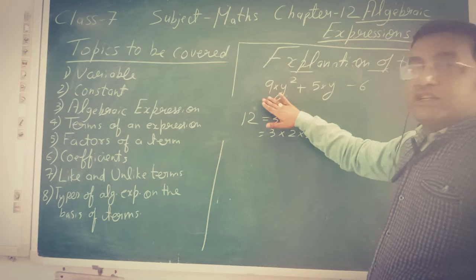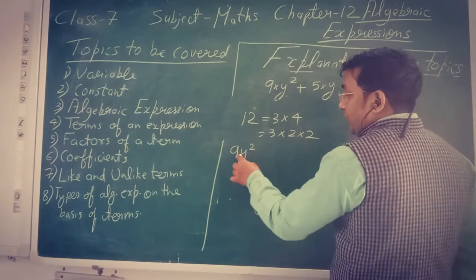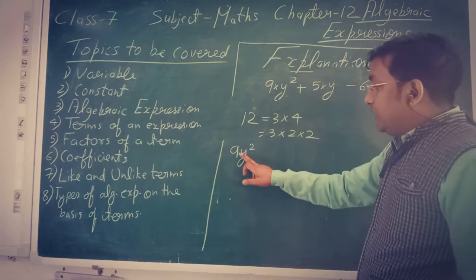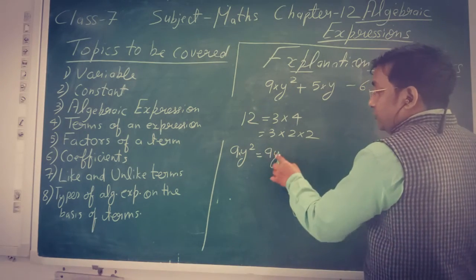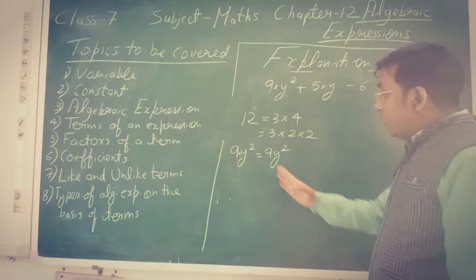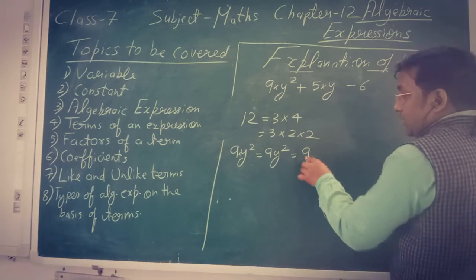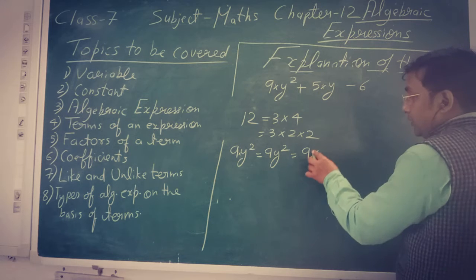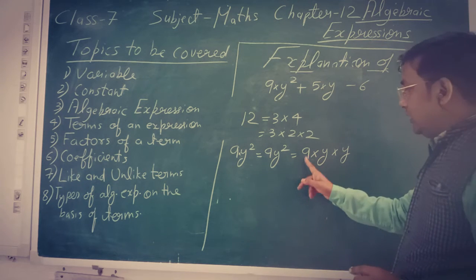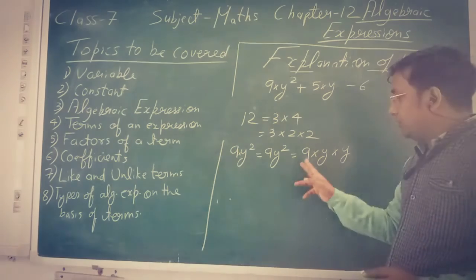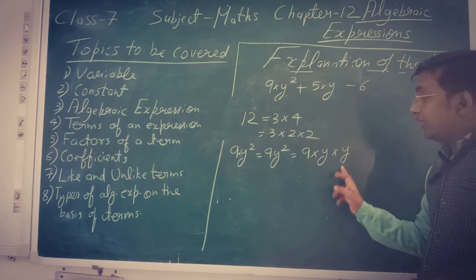Likewise, if we consider one algebraic term, that is 9y square. We generally do not put the multiplication sign, it is the same as 9y square. Now let us factorize it, let us expand this. How will you expand it? 9, y and y. We will not factorize this 9.